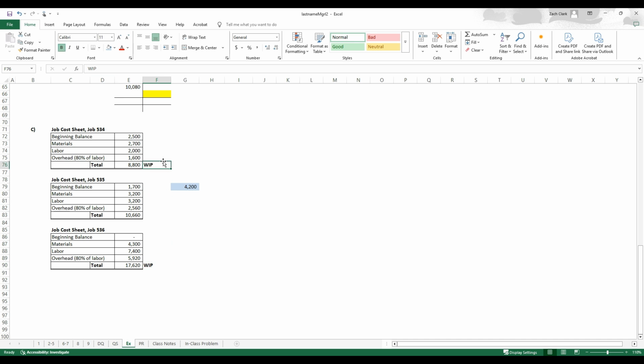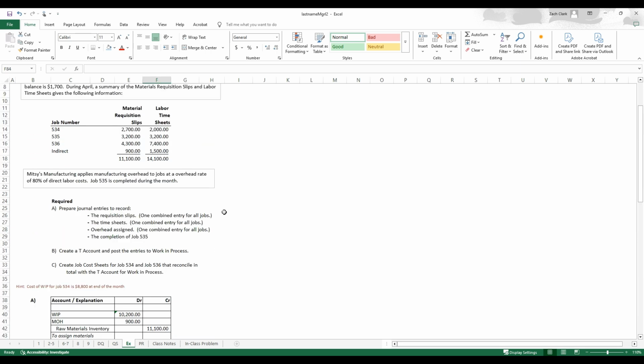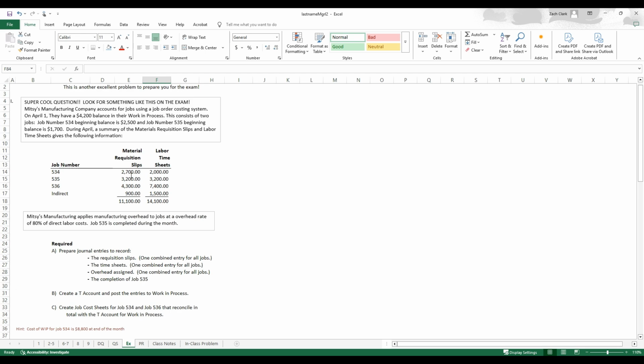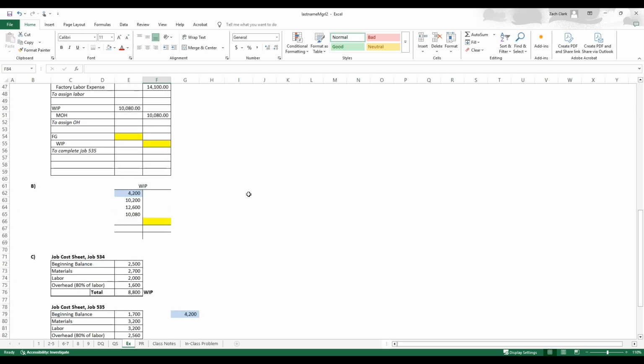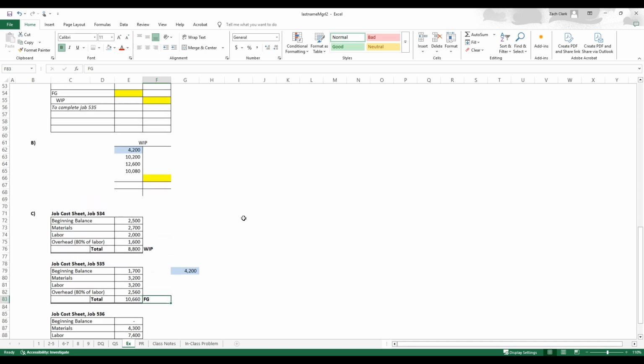So those are both still in work in process inventory. And this is going to go to our finished goods inventory. Or did it tell us it was sold? Completed during the month. No, I think it's just in finished goods. It hasn't been sold yet. So, okay, we have what we need now.